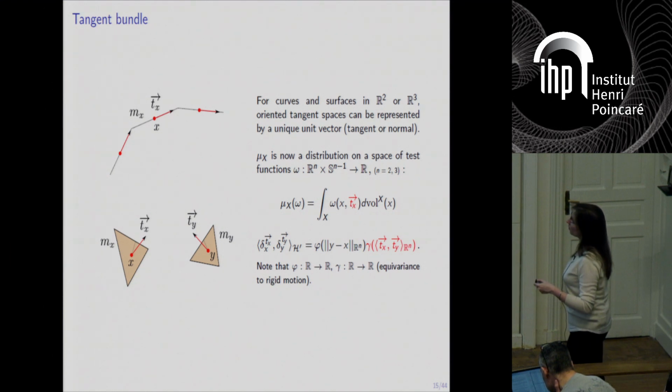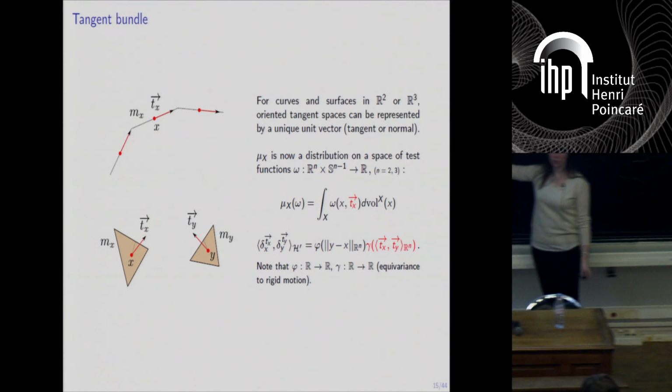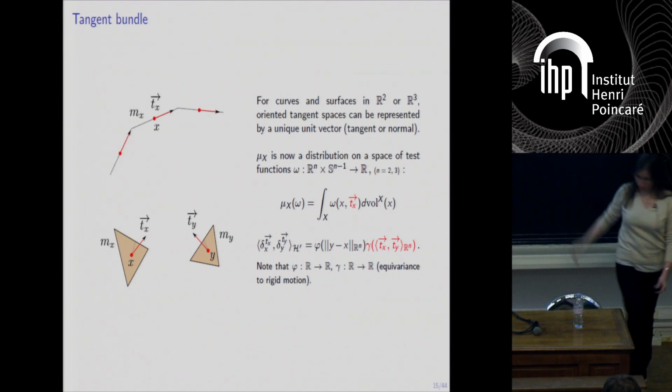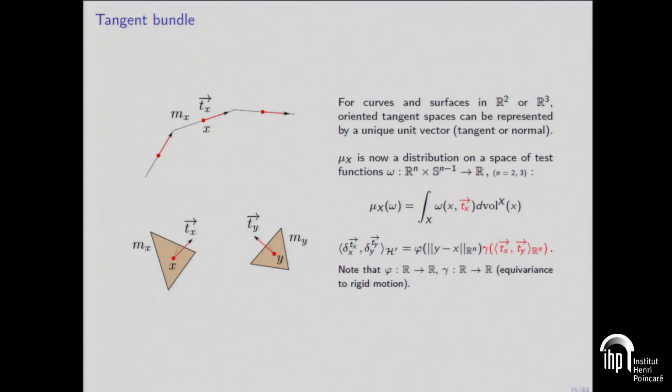And so the idea when you compare these two shapes, if x and y are close with respect to your distribution phi, the scalar product will be high, but it will be weighted by the comparison of the two vectors. And so phi will be high when the scalar product is close to 1 and will decrease when the angle is becoming larger.